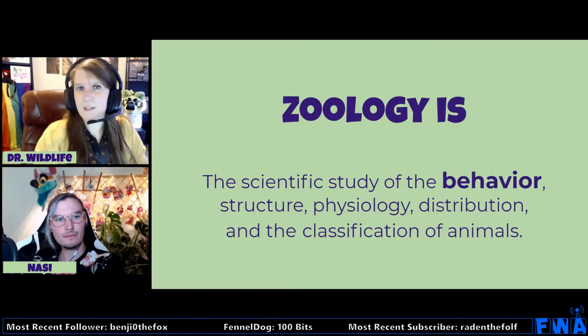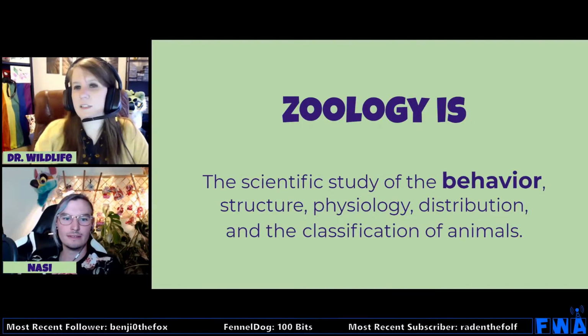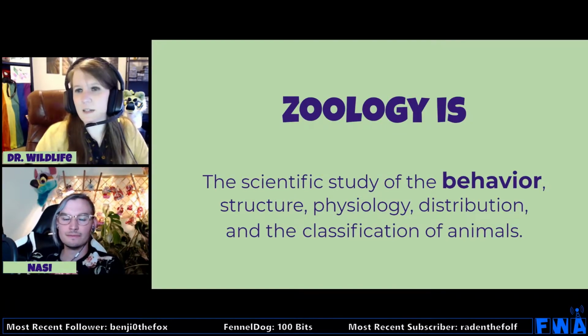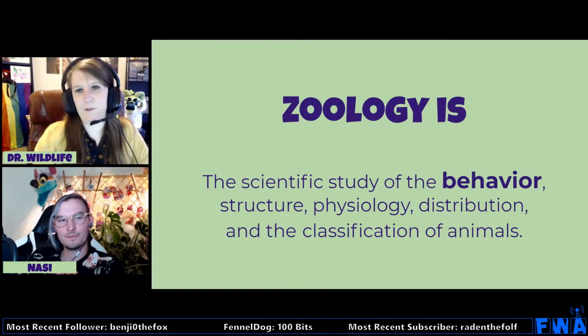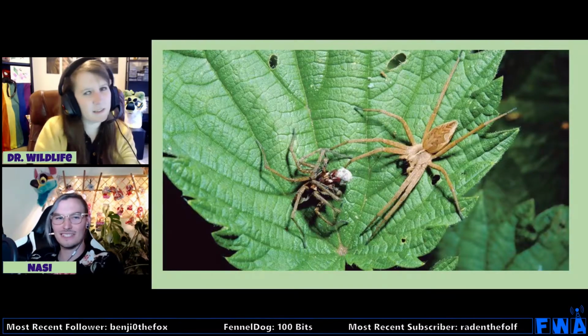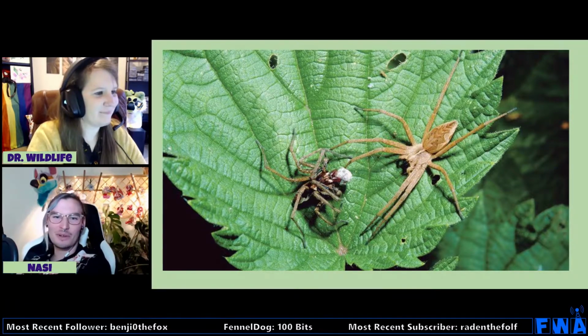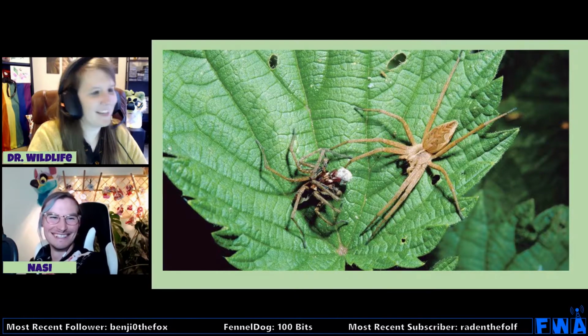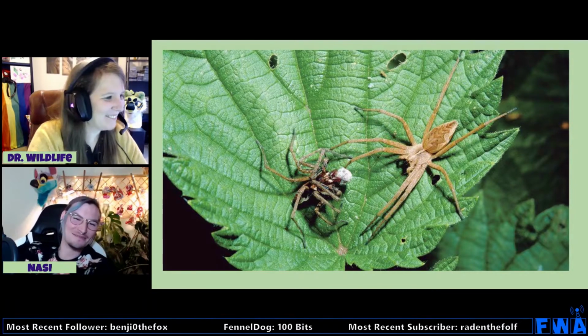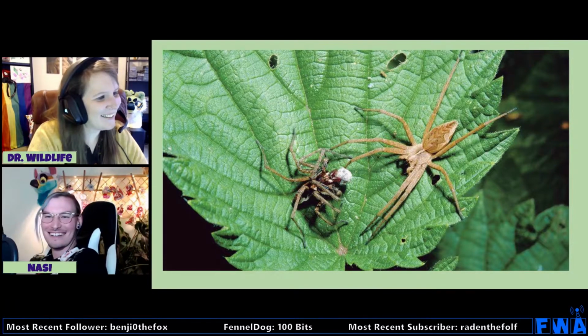Moving on, we're continuing through this definition. Zoology is also the scientific study of the behavior of animals. Nasi, take it away. We're starting off on a high note here with some sex. So, spider sex, yes.